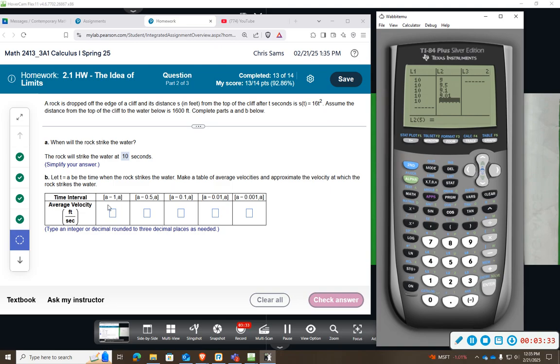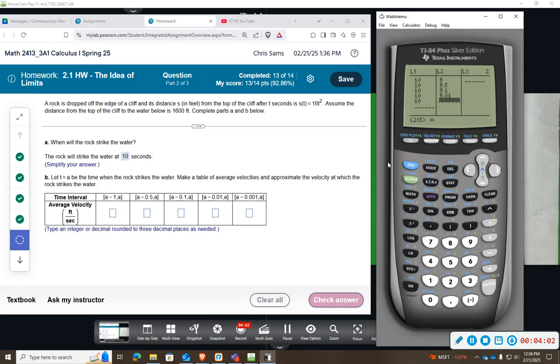I should be getting closer. So A is my 10. I should be going from 9 to 10 and 9.5 to 10. So I have these a little bit backwards. Looks like I'm getting closer to 9. And this should be 9.5 and 9.99 and 9.999. So let me fix these.